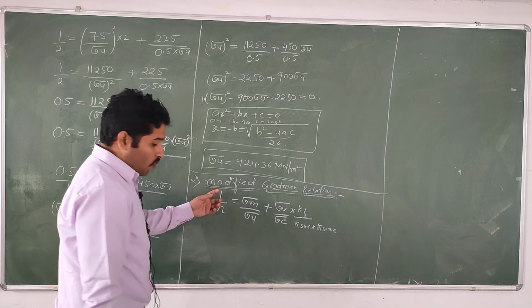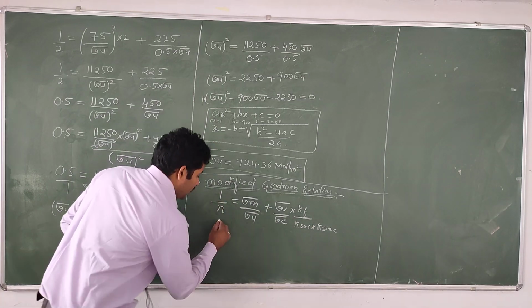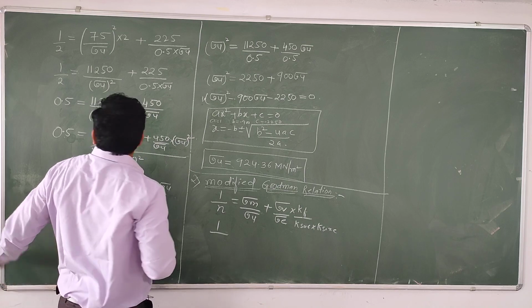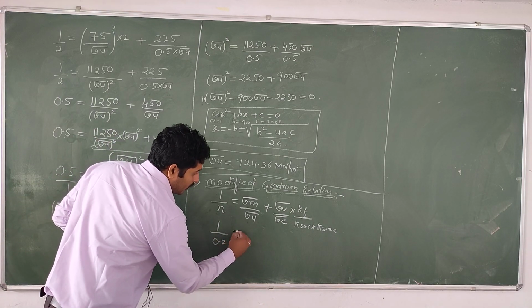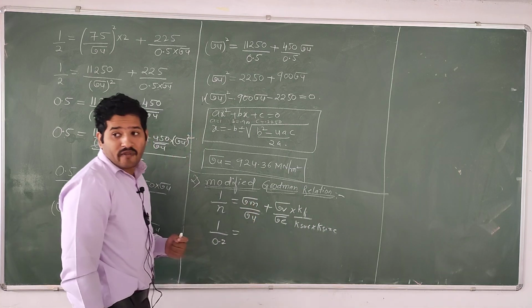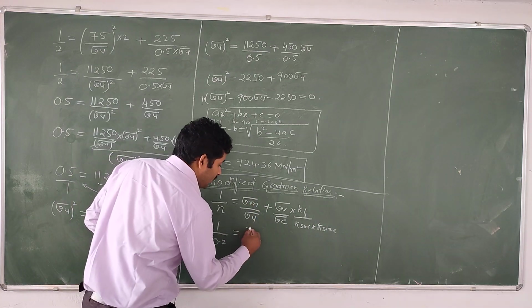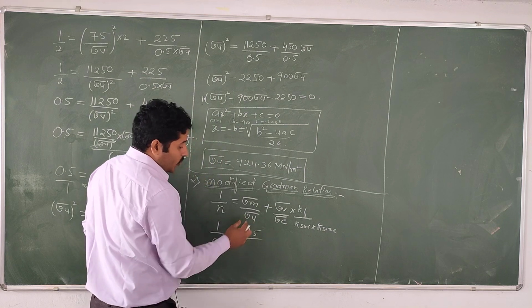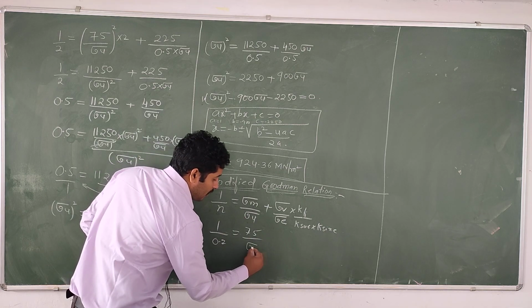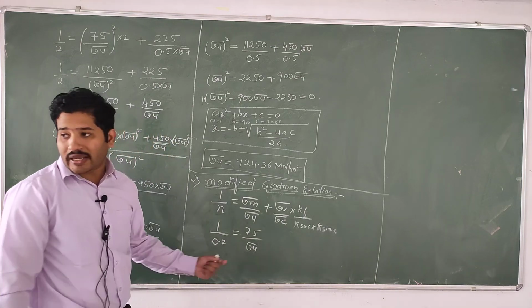Then 1 by n, the factor of safety, is given as 0.2, equal to the mean stress value. How much did we get here? 75 mega Newton per meter square. Sigma u, the ultimate stress, we need to find out in this problem.